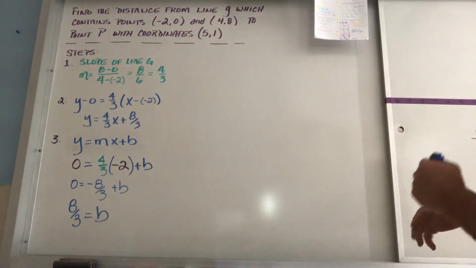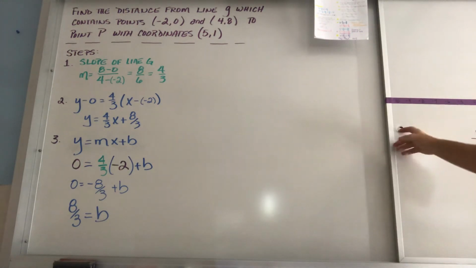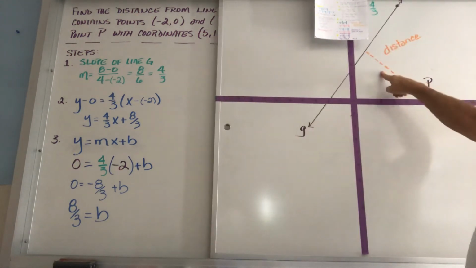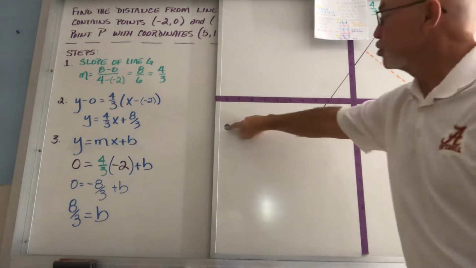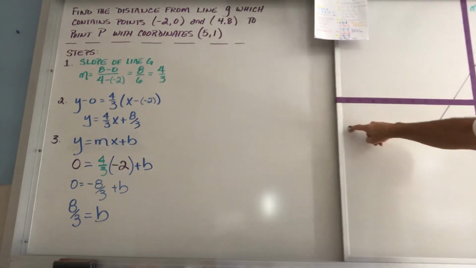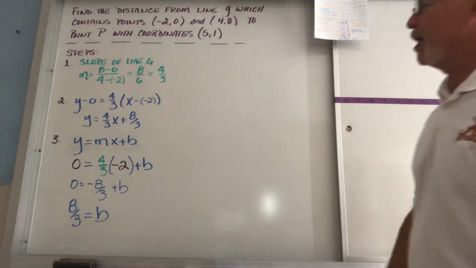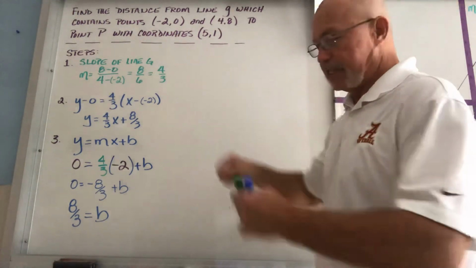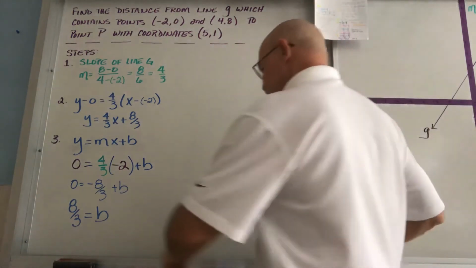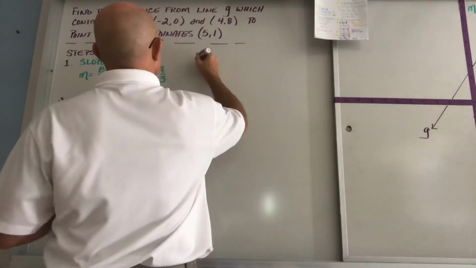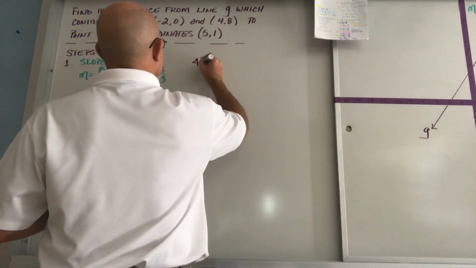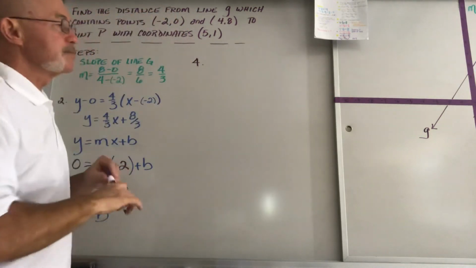Now we want to find the equation of the line that is perpendicular to G. That's this one right here. So that's the equation of the line. Okay? So we know its slope has to be the negative reciprocal of this. Okay?